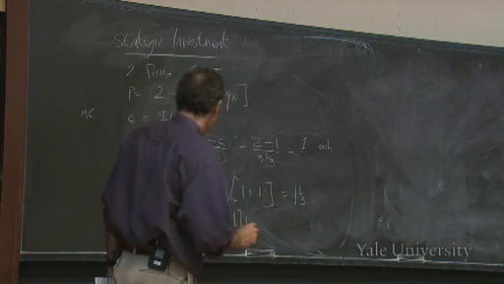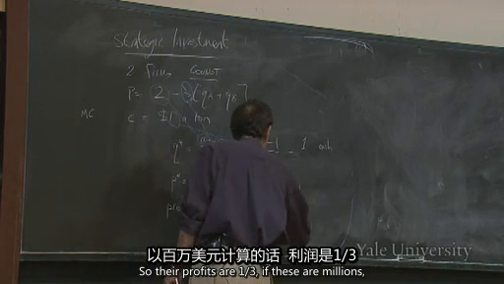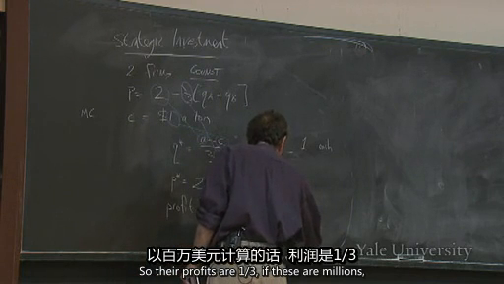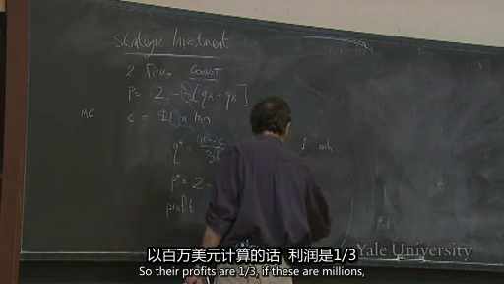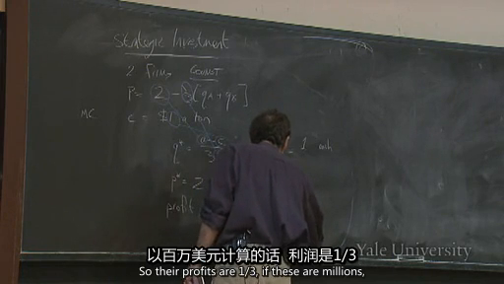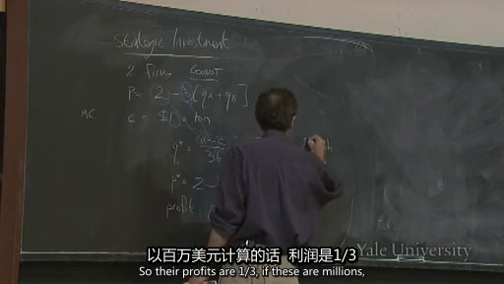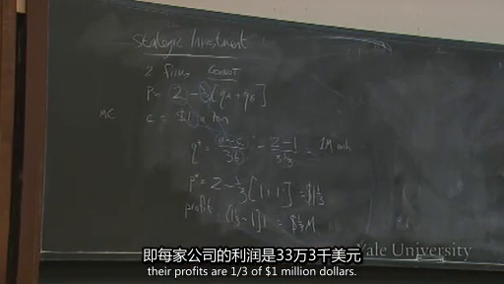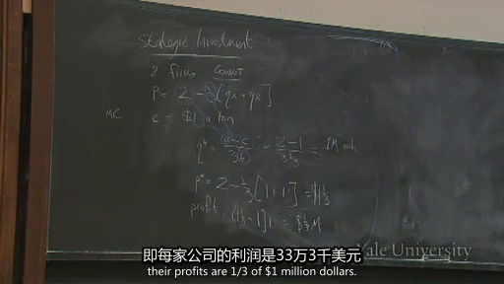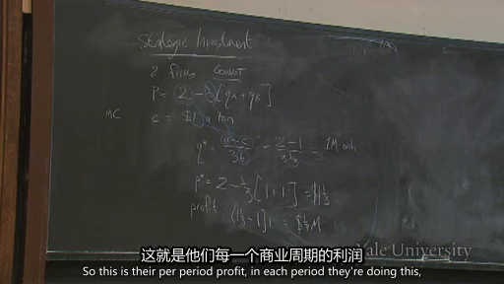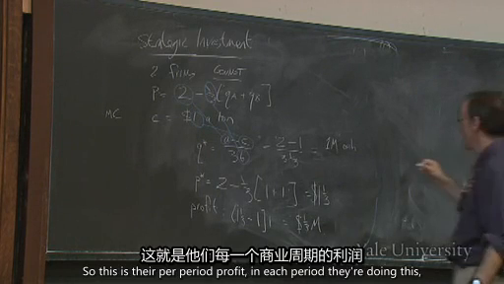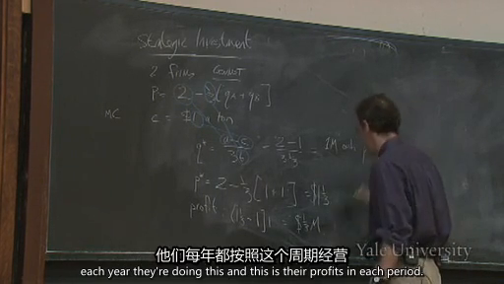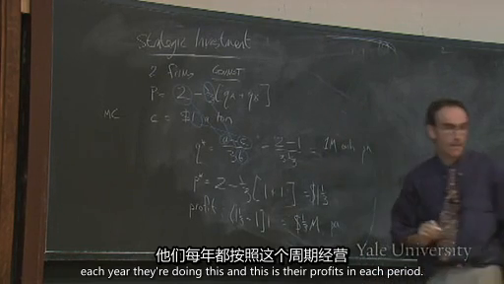So their profits are, there should be a dollar sign here as well, 1/3 of $1 million. All right? So this is their per period profit. In each period, each year, they're doing this, and this is their profit in each period.